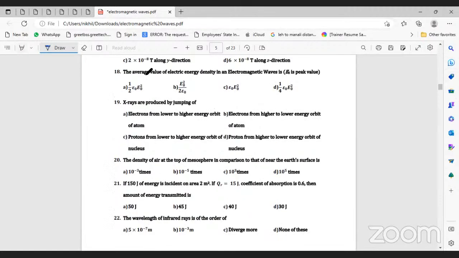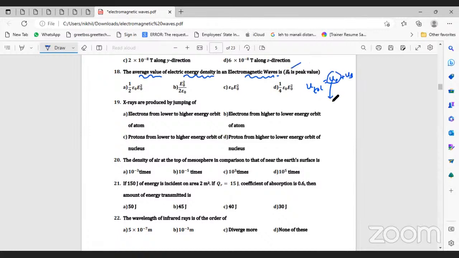Look at this. The average value of electrical energy density in the electromagnetic wave. Only they are asking you to find the electric field energy density. So you know that total energy is due to electric field plus magnetic field. Now they are expecting only the electric field.